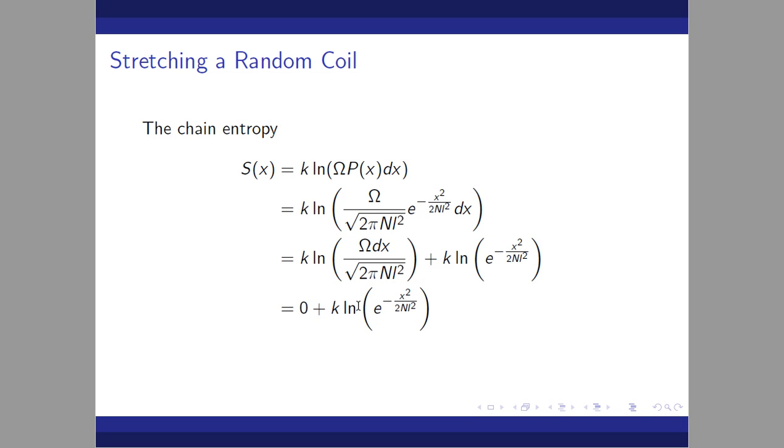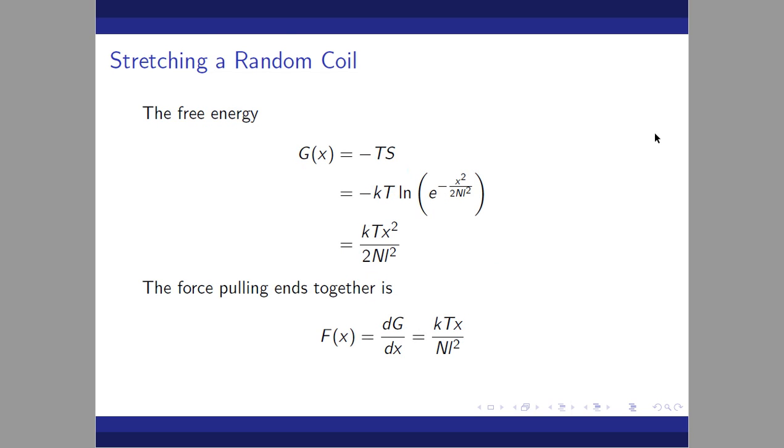So what is the entropy of that chain? The free energy G(x) equals minus T S, taking from the previous slide, minus kT ln exponential of minus x squared over 2 n L squared. If we expand this, solving the ln exponential, we have kT x squared over 2 n L squared.